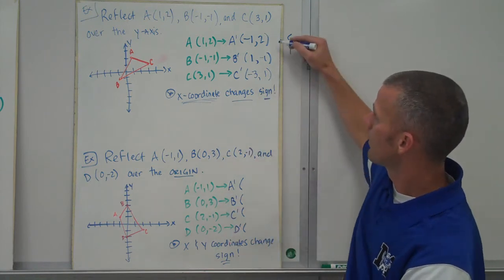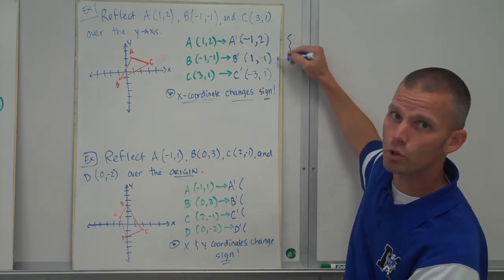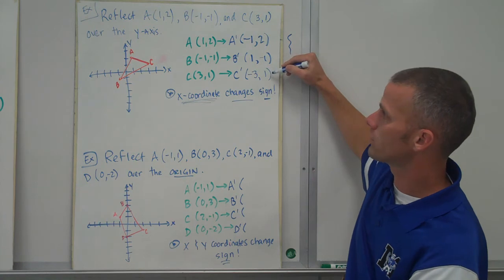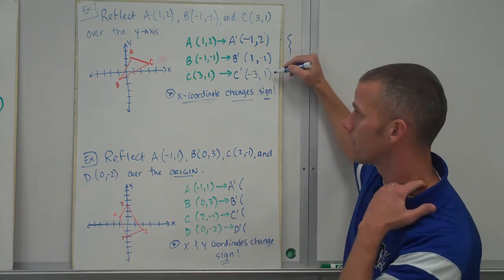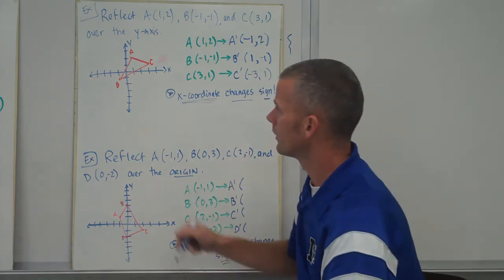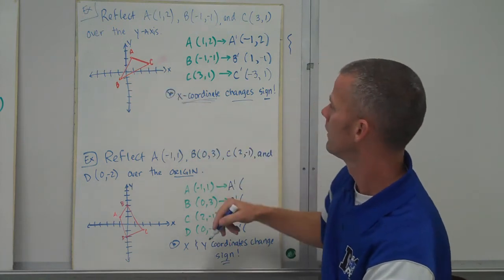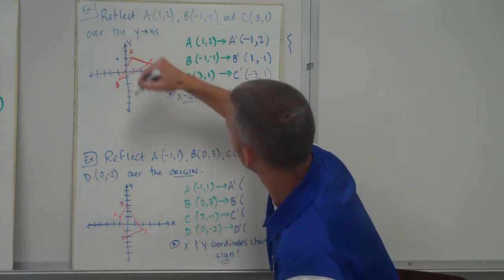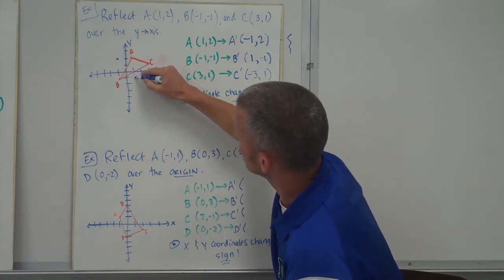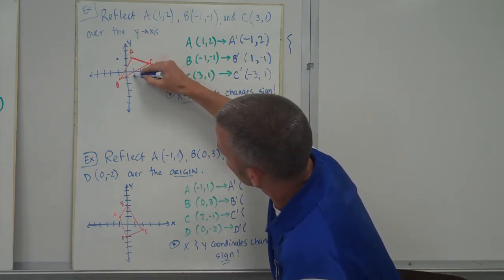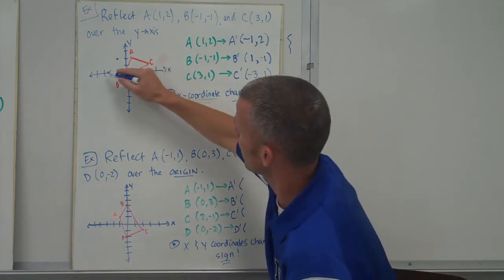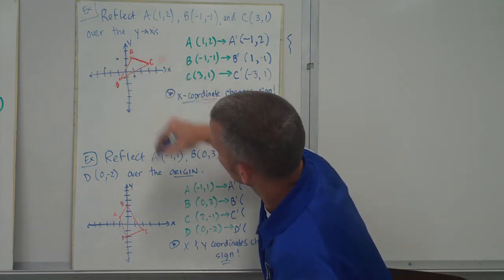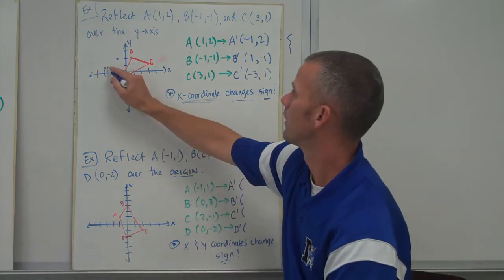All right. So now these 3 ordered pairs in blue, those are my new ordered pairs for my reflected figure. Okay, my image, if you will. Here's my pre-image in red. My new image: (-1, 2), (1, -1), and (-3, 1).